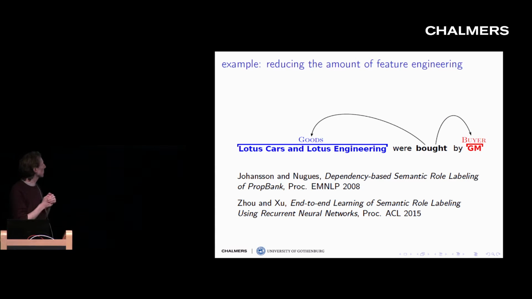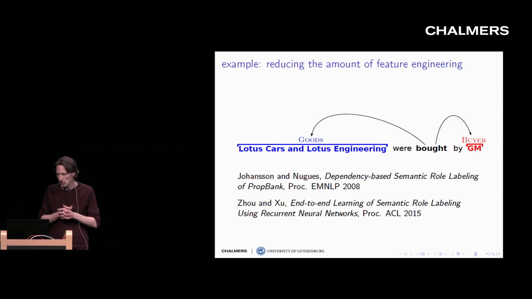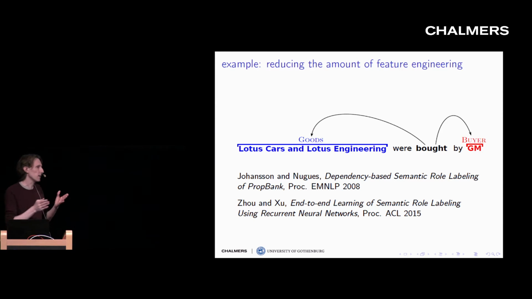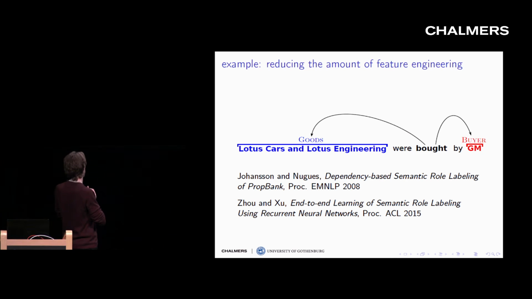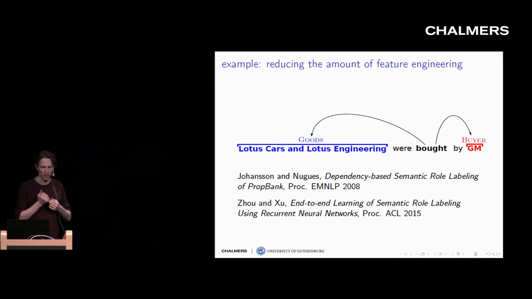Just to make a personal reflection, I worked on this particular problem for several years, but nowadays a master student can do the same thing. And again, it's not that the new systems work fantastically much better, but it's a faster development process.